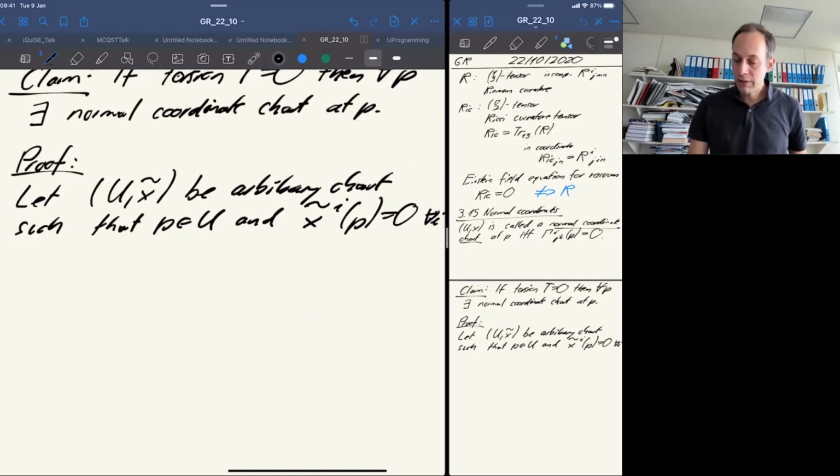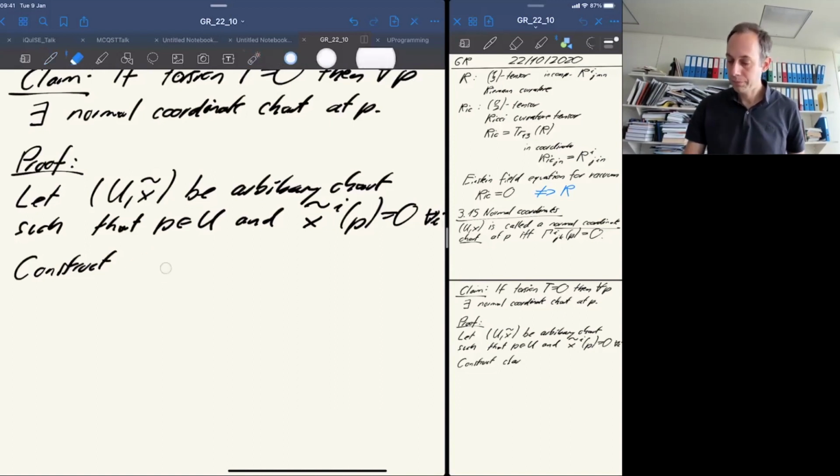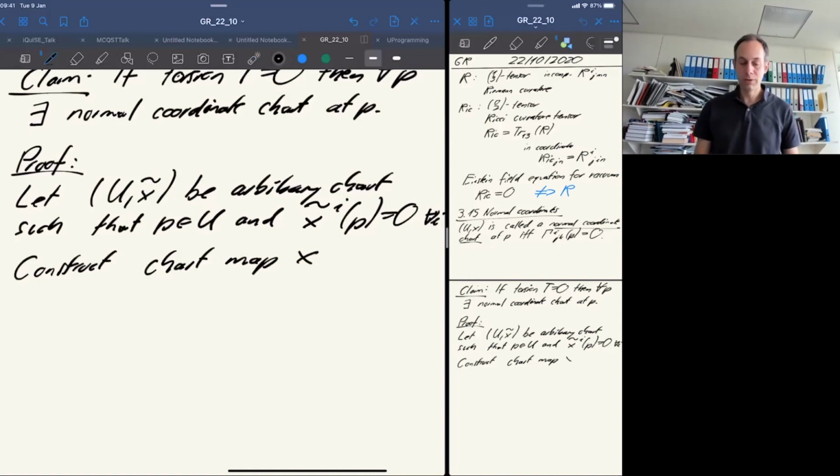And now we construct a new chart map, the coordinate or chart map X. That's the one we want.